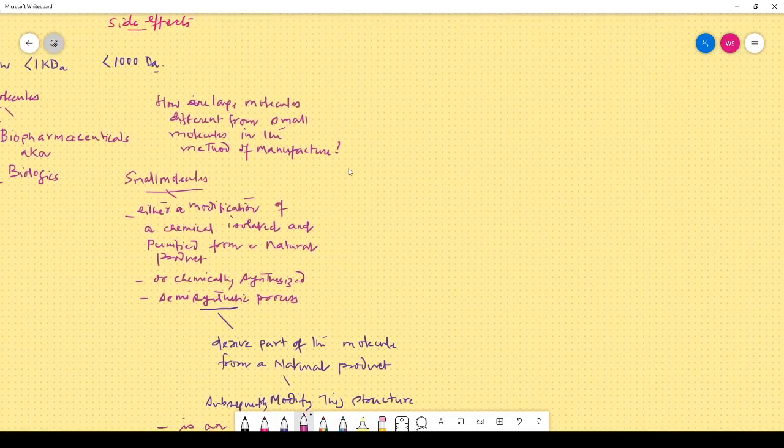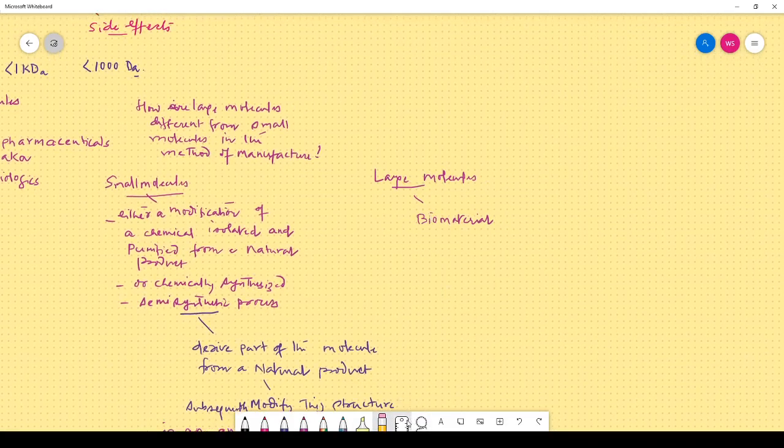So then what about large molecules then? Well, large molecules, we need a biologic agent, not a biomaterial. We need a living cell.